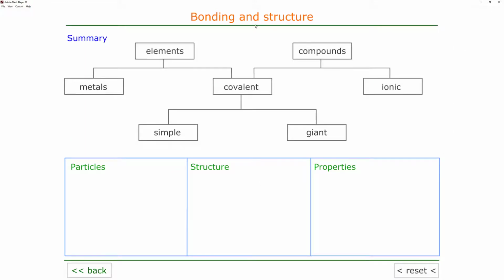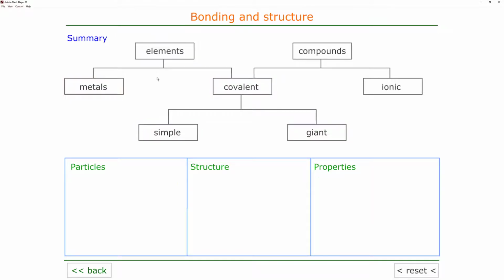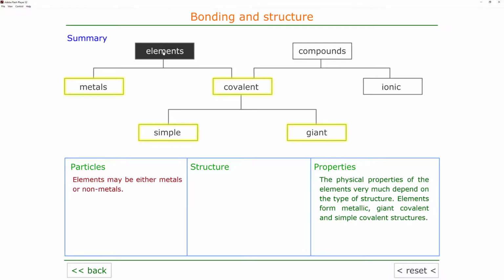So our summary. Elements and compounds may be metals or non-metals. The bonding may be metallic or covalent, either simple covalent in the case of groups 17 and 16, or giant covalent in the case of groups 13 and 14.